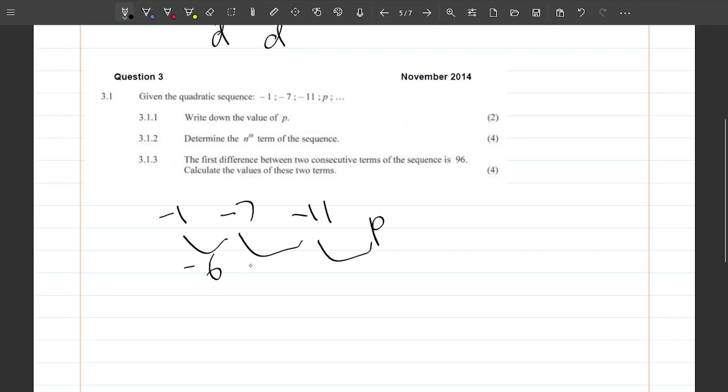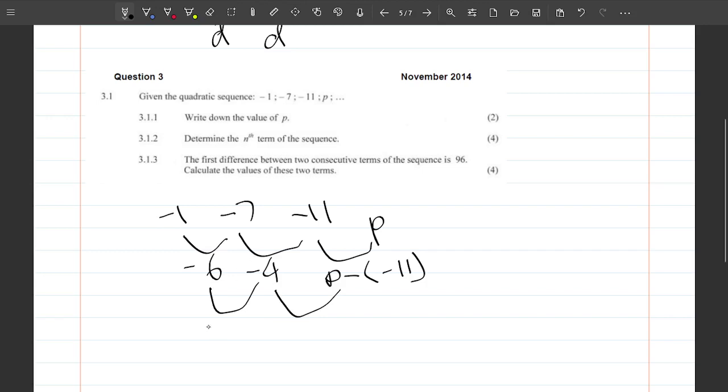I'm going to jot that down, negative 4. And then the last one will just give me p minus negative 11. Nothing fancy for that one. However, because this is a quadratic number pattern, if I subtract these differences, I'm going to get equal values.